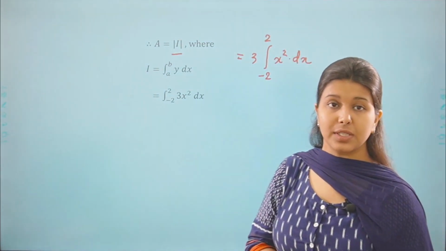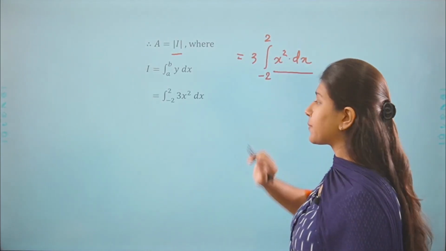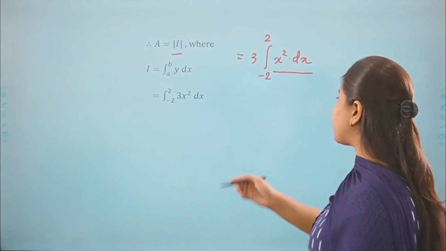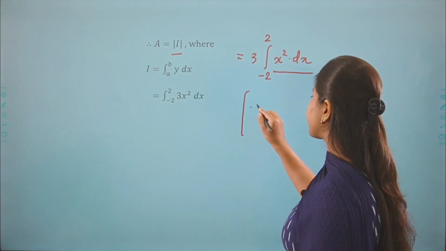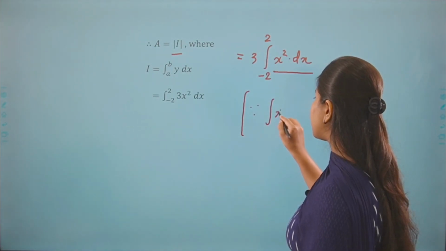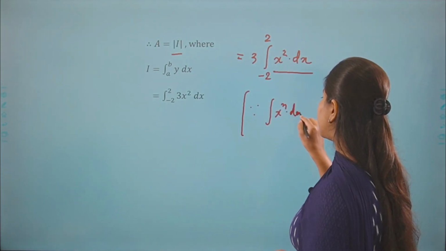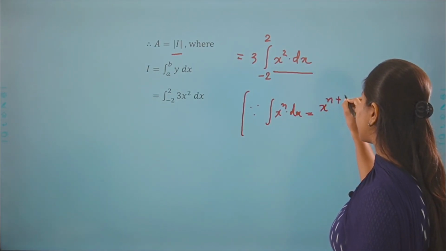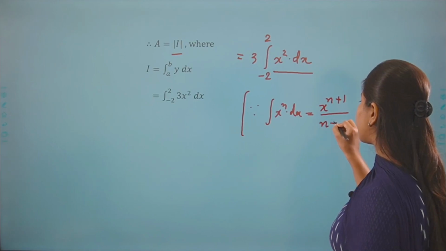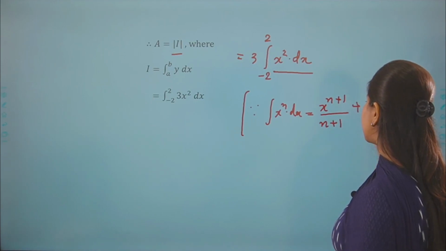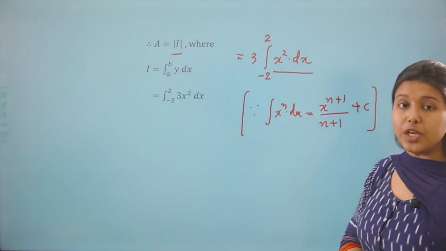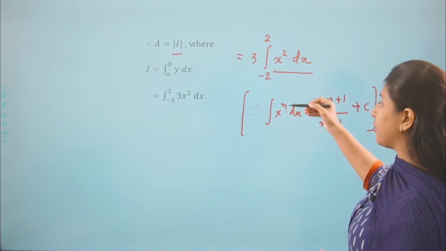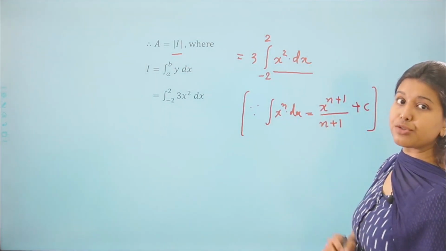Now what about this x square dx? How to solve this integration? For that, you know the formula, that is integration of x raised to n dx is equals to x raised to n plus 1 upon n plus 1 plus c. Using this formula, comparing both the terms, we have value of n is equals to 2.